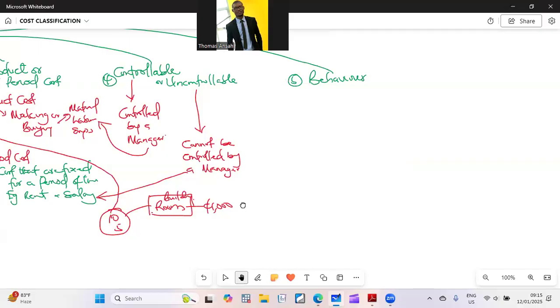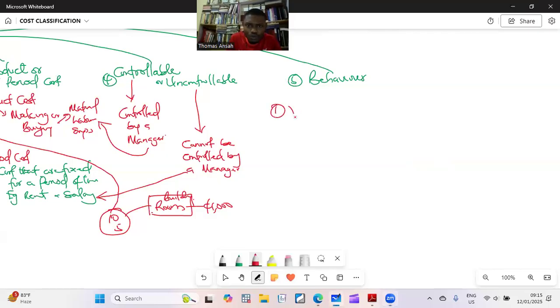How do they behave? Per behavior, we have what we call variable costs. This one changes as your level of activity changes. So these ones vary as the level of activity changes. What is level of activity at all?